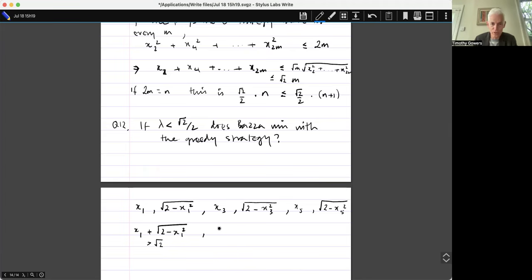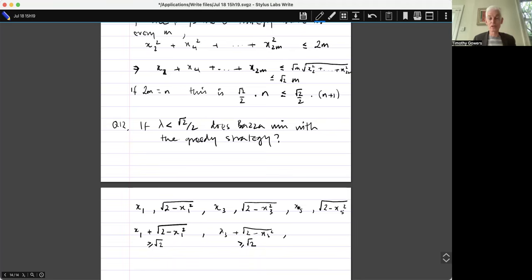So the sum of those two, x3 plus the square root of 2 minus x3 squared, is by the same argument greater than or equal to root 2. Because these things are greater than or equal to root 2, the sum of those and those is at least 2 root 2, or 4 lambda.